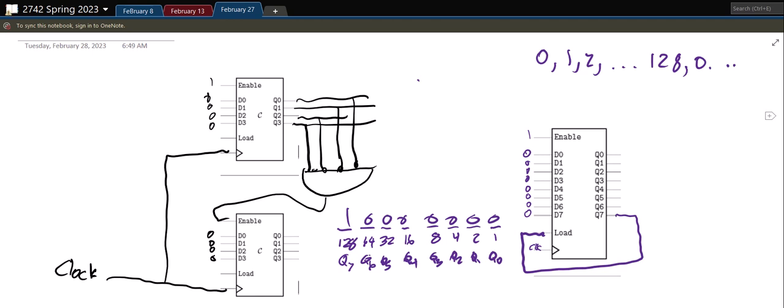And then we're looking for when we have Q7 equal to 1, and Q7, remember this is Q4, Q5, Q6, Q7. So when we get that, that's when we want to load. So when this is 1, we'll load, and we'll load both this one and that one.